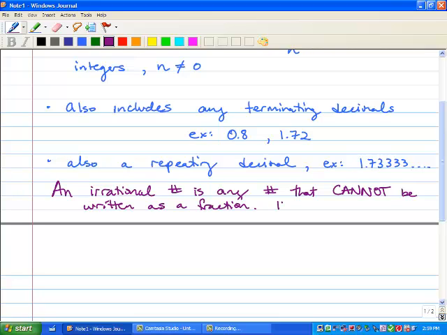An example of this would be pi, or square root of 2, or 1.4142, and that just keeps going. Any number that really just keeps going.